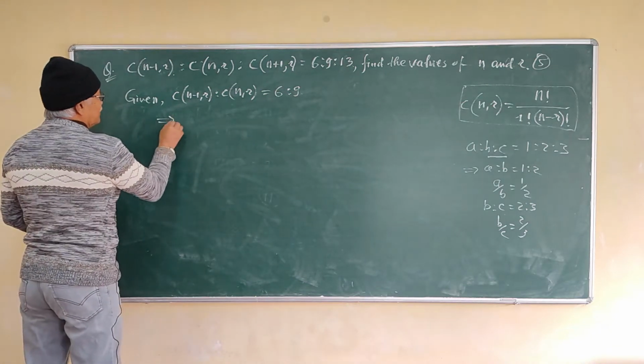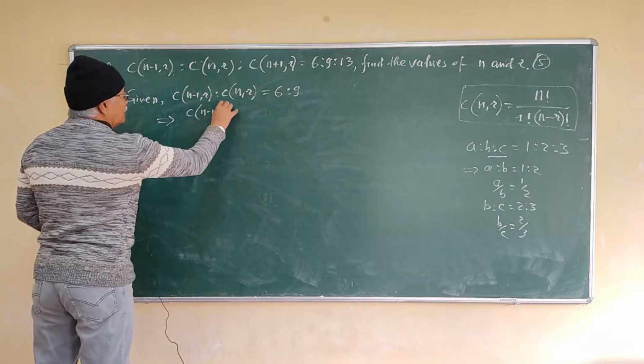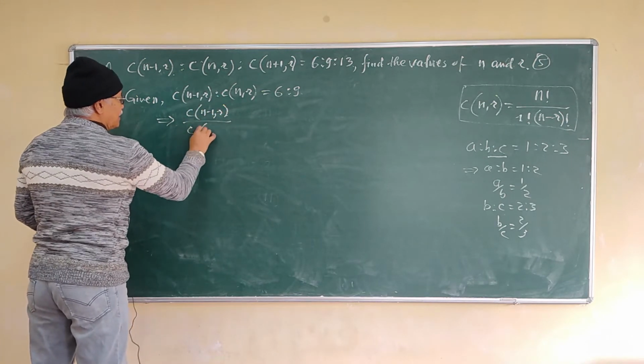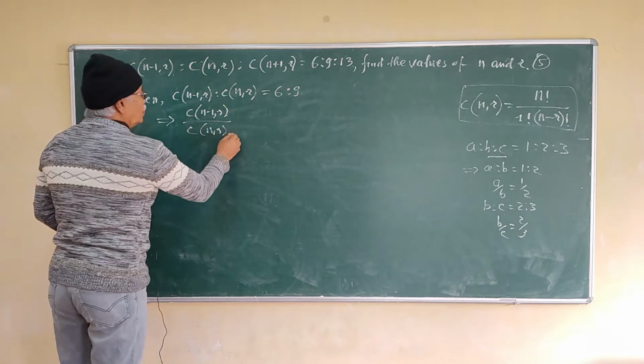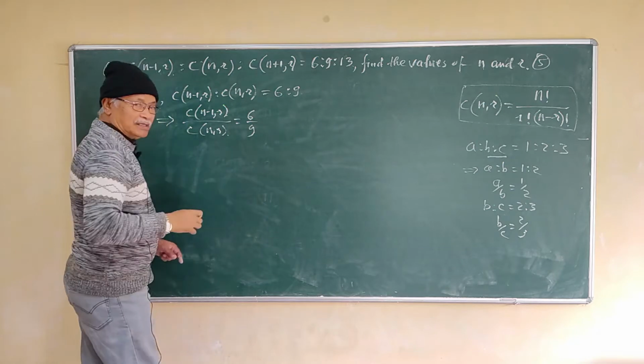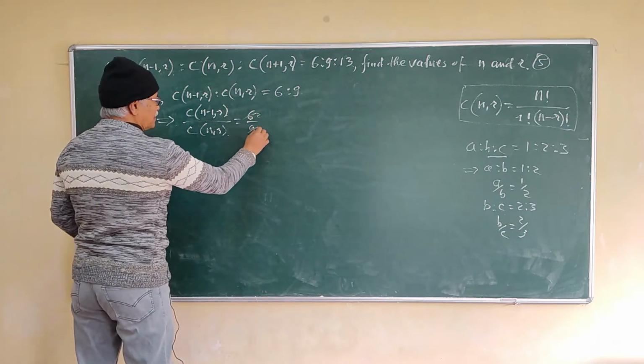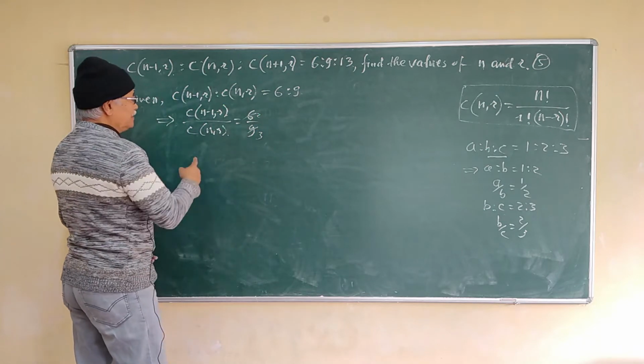So this will give me C(n-1, r) upon C(n, r) will be equal to 6 by 9. 6 by 9 can be, of course, reduced. 3 twos are 6 and 3 threes are 9, right?